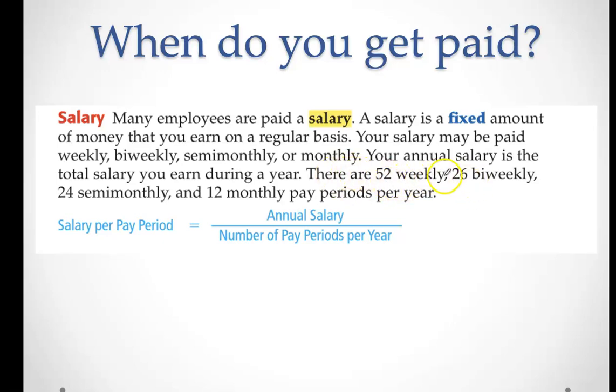There are 52 weekly, 26 bi-weekly, 24 semi-monthly, and 12 monthly pay periods per year. So you want to make sure that you have these four numbers written down because you'll be using those four numbers to do all of the work and practice work for 1.5. Pause the video if you need to write them down.